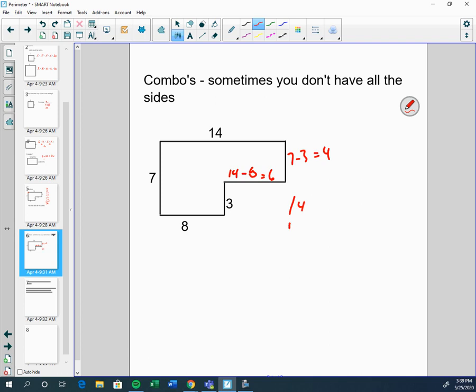So we got 14 plus 4 plus 6 plus 3 plus 8 plus 7. Started in that corner. 14 and 4 and 6 is 10, and 14 is 24, and 3 is 27, 35, 42 is our perimeter. The perimeter is 42.